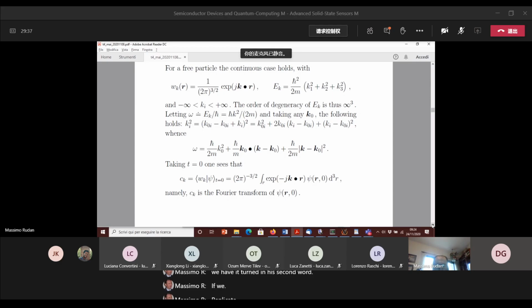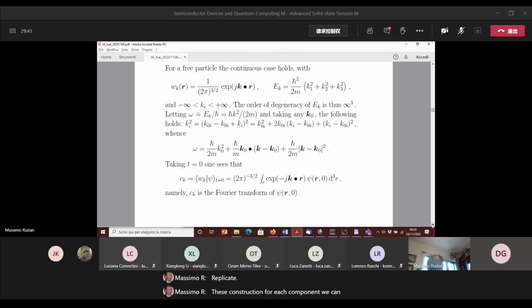If we replicate this construction for each component, we can express omega as you can see in the central line of the page. This is no approximation. This is simply another possible way of writing omega such that we have this important vector k0 appearing in it.